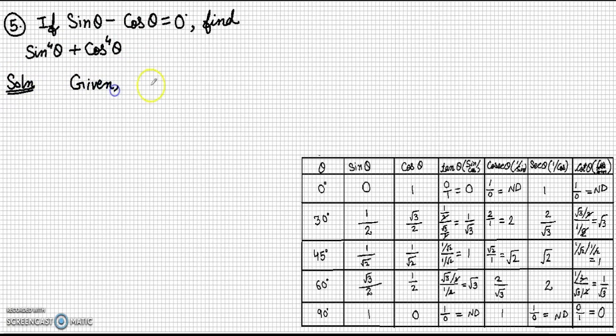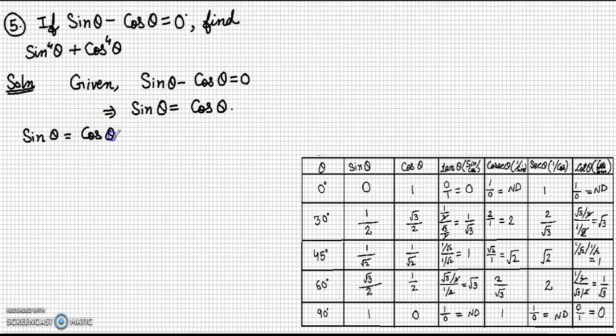So we are given that sin theta minus cos theta is equals to 0. So if we take cos theta, transpose it to another side, we get sin theta is equals to cos theta. And when are sin and cos theta equal? They are equal when the value of theta is 45 degrees.